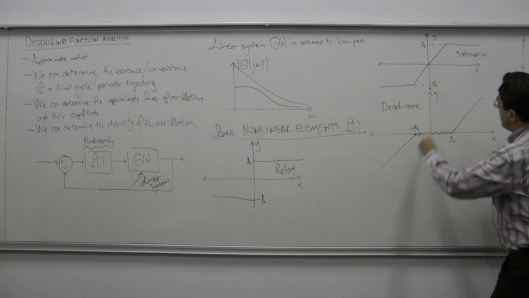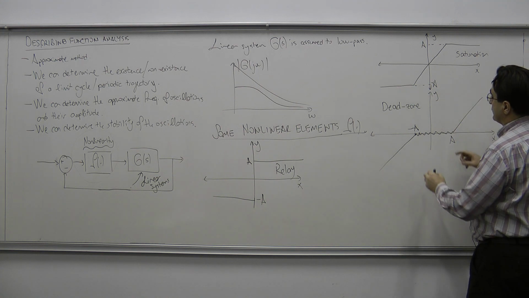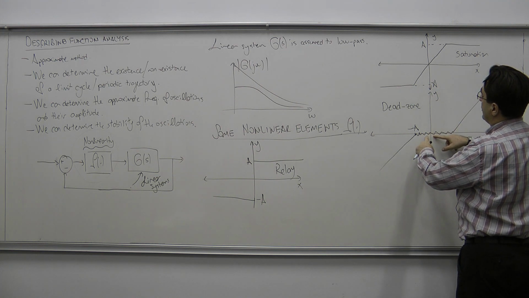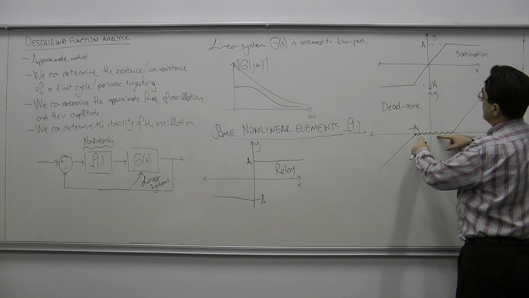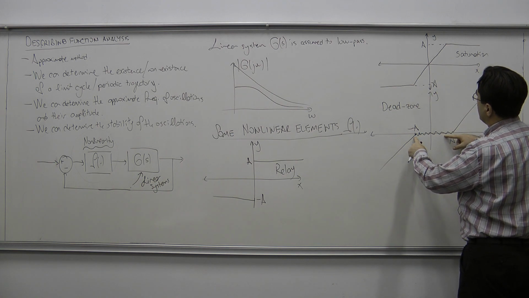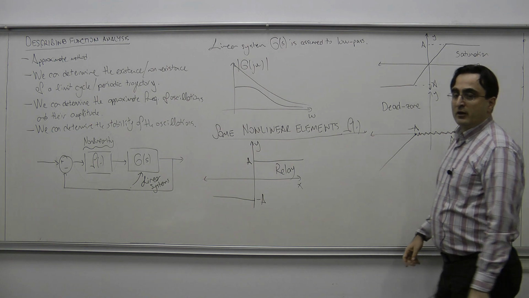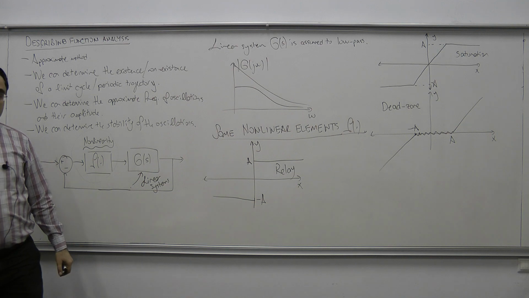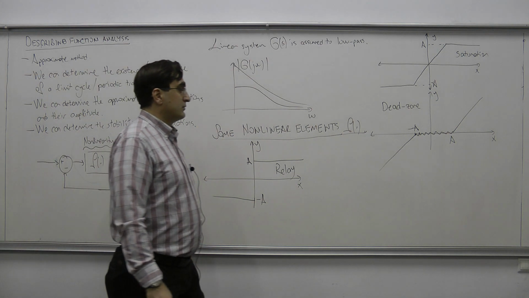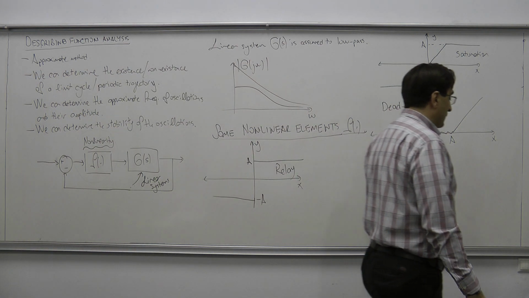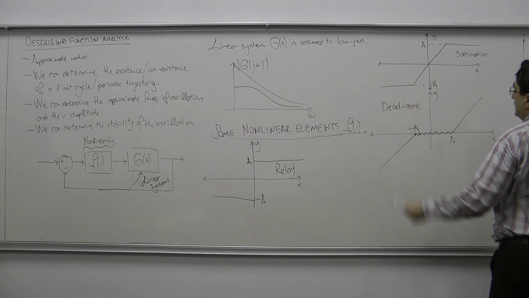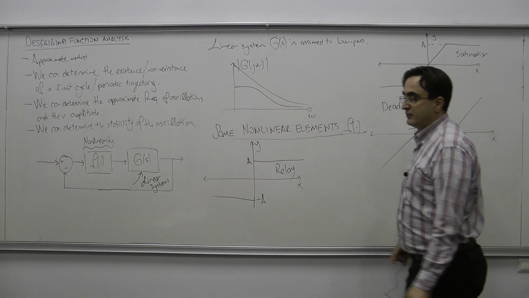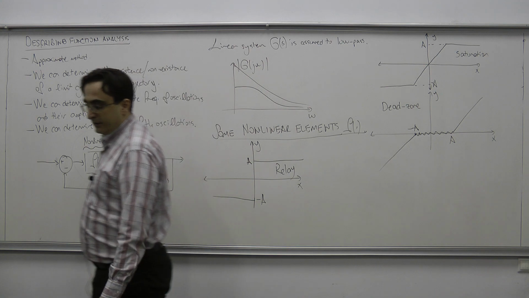Okay? So it is not a linear profile that you are going to see. For some small voltage values, the velocity of the electric motor will be 0, and only after you increase the voltage above some threshold will you be able to see a non-zero velocity in that DC motor. Okay? So this type of nonlinearity is called a dead zone type of nonlinearity.